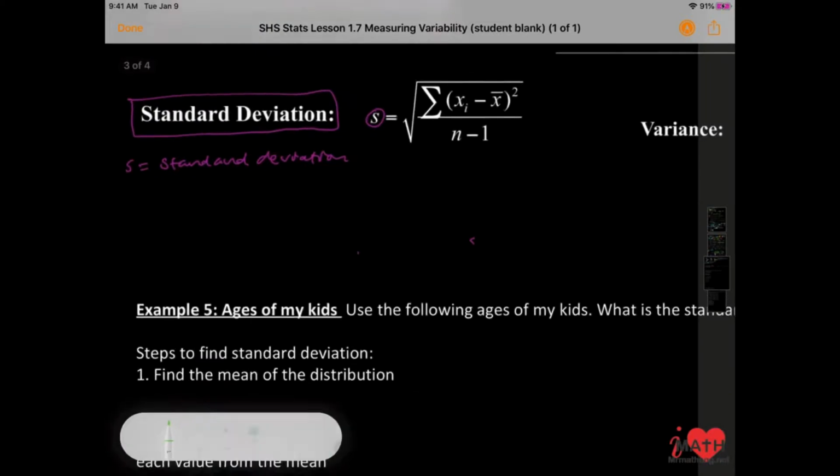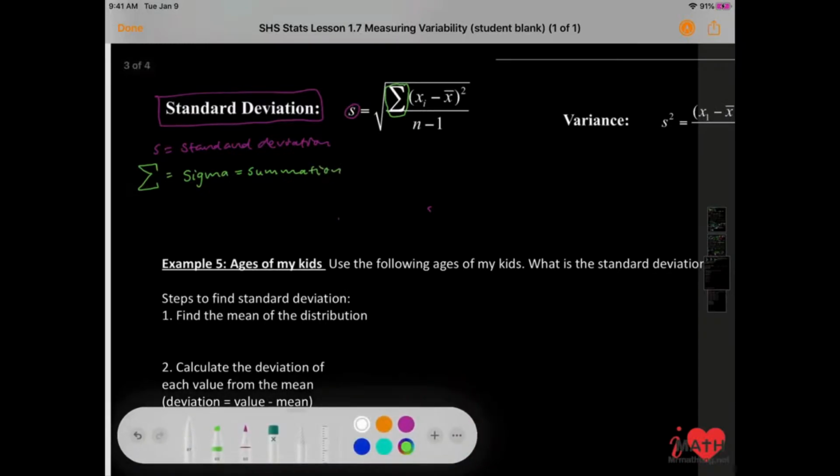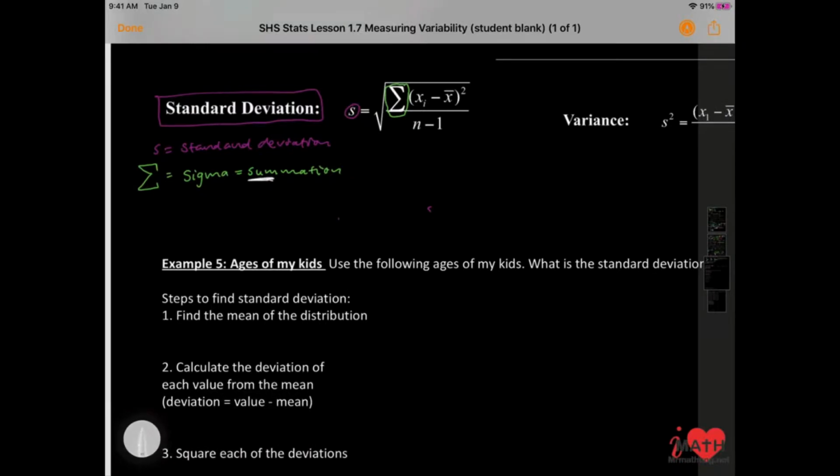Here in green, that symbol is called sigma. It's a Greek letter of the alphabet, and it means summation. What math word do you see in there? Sum. You just need to add up the numbers.